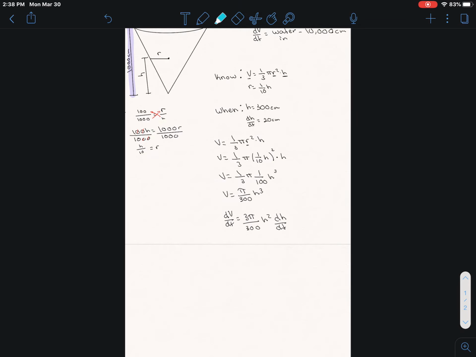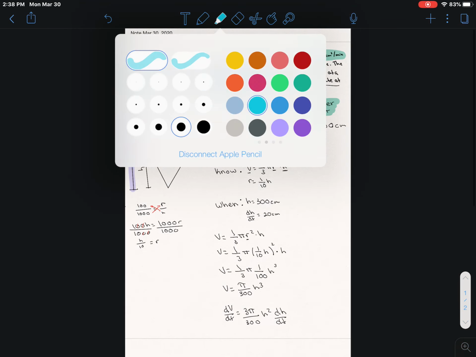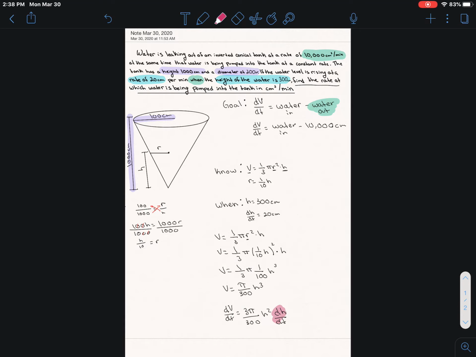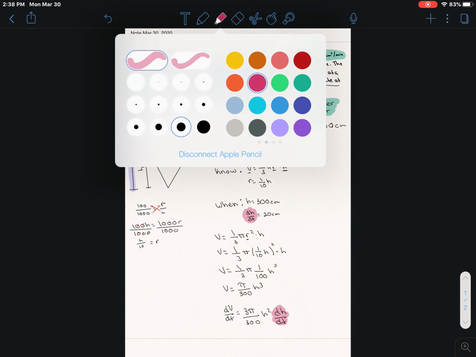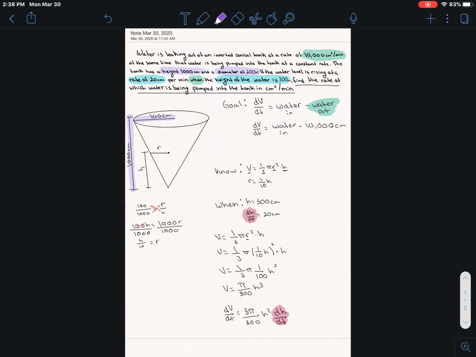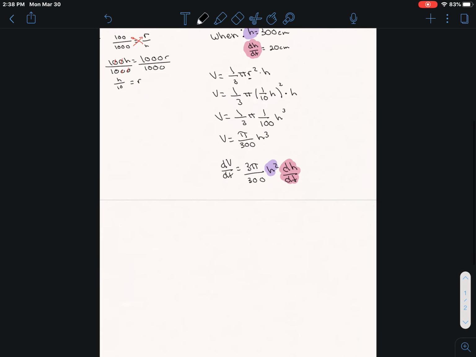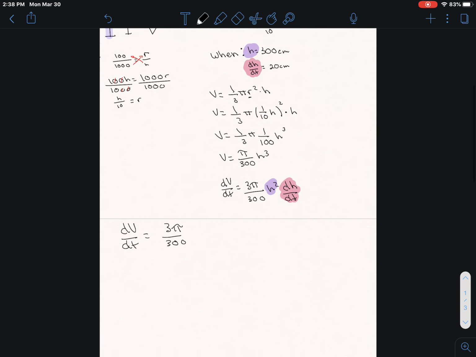So we know our, let me get a different color. We know our dh over dt is going to be 20. And we know our h is going to be 300. And then we're solving for dv over dt. Okay, so we know dv over dt is equal to 3 pi over 300 times 300 squared times 20.